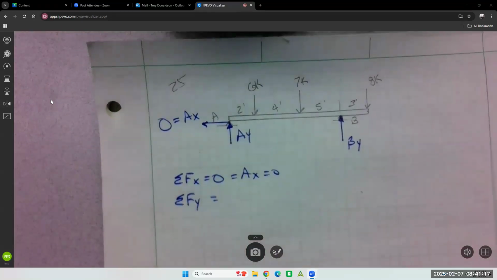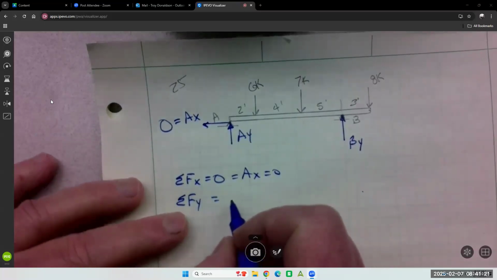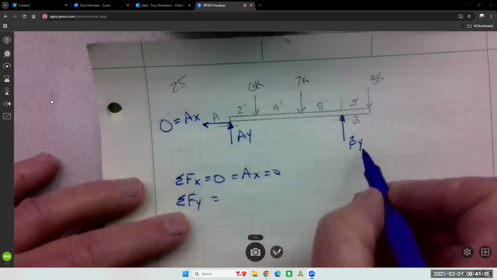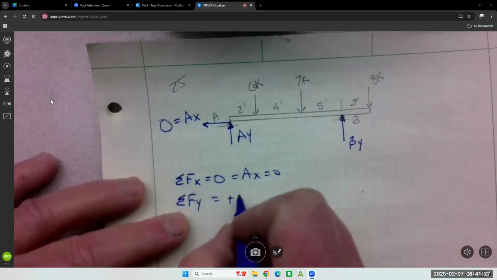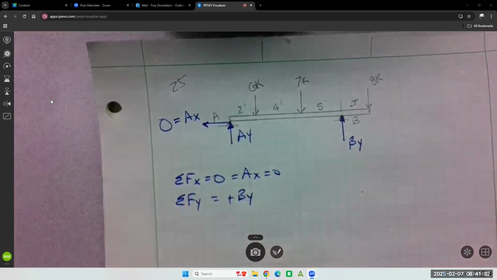What are all the forces in the Y? So positive or negative on BY? Positive's going up. That's super important. So if you didn't know the direction, you assumed it. You have to assume it, and then you've got to put the sign in the formula.